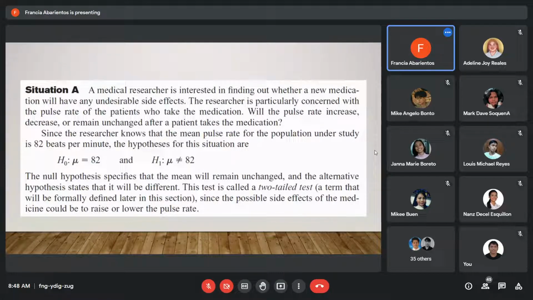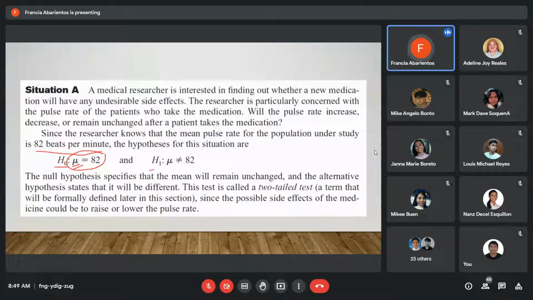Ayan, for example daw, we have 82 beats per minute. So the hypothesis for this situation, in a given problem class, your null hypothesis class, ang pinagbabasehan natin is the mean. So there is no difference, okay? Remain unchanged, so that is equal to 82.